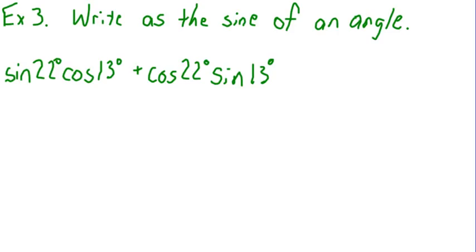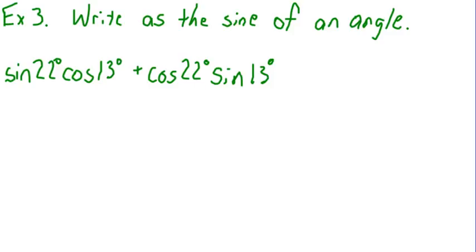Example 3, we want to write as the sine of an angle. So in this problem we just need to recognize which identity we need to use. If we have a combination of sine and cosine being multiplied together, we know it's going to be either the sine sum or the sine difference formula. Since it's an addition sign, it's going to be our sine addition.